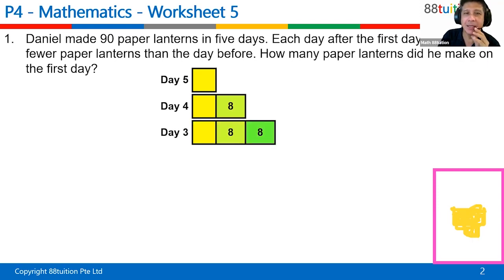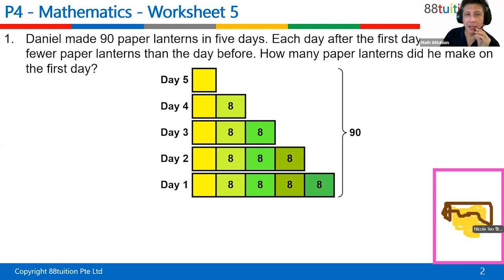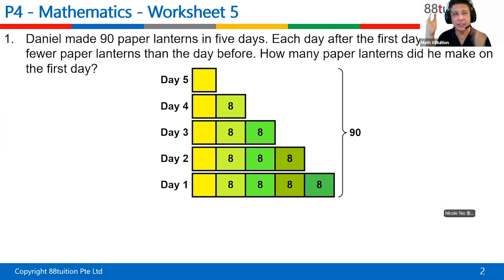Then to the second day, one more 8. And finally, to the first day, another 8. Now I have all 5 days with different rectangles, each one getting longer backwards up to day 1, which is the longest.